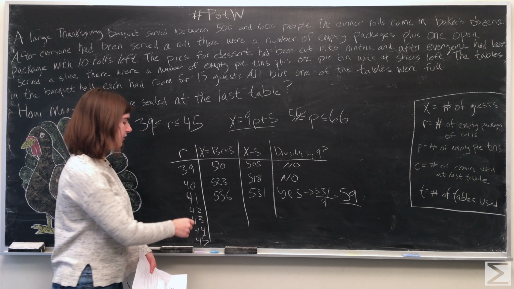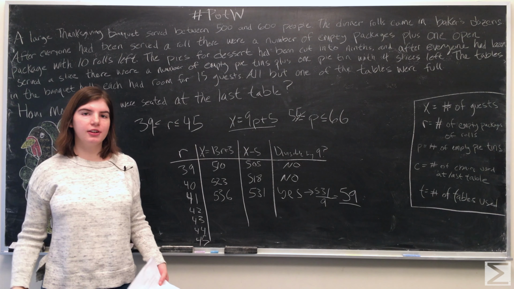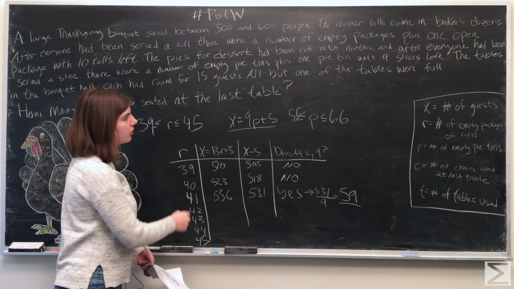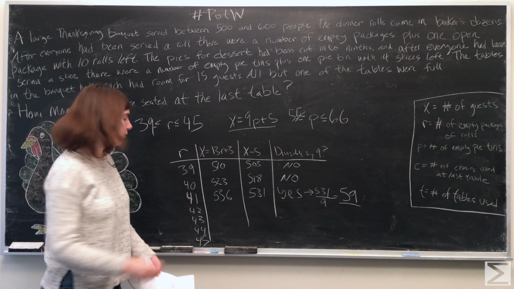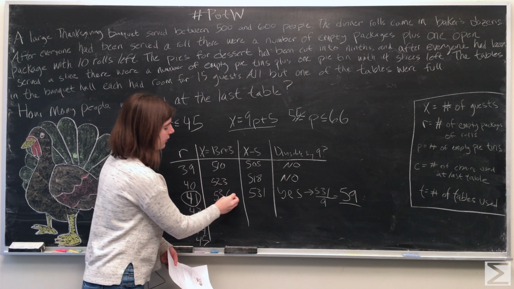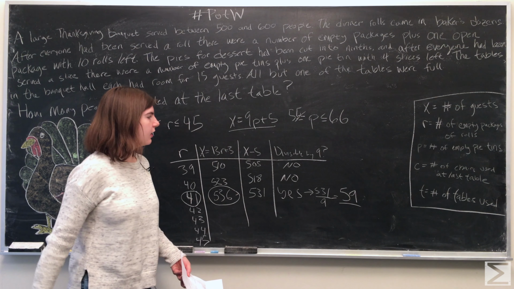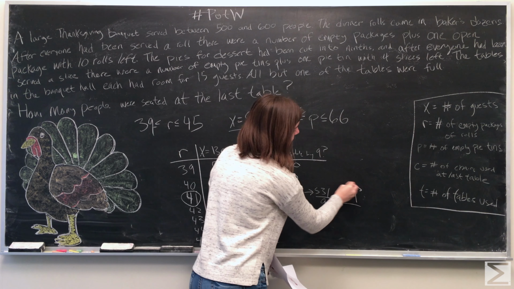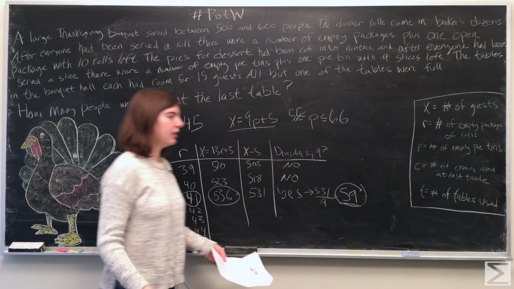So we don't need to test the other ones because we found our answer. The number of empty packages of rolls is 41, the number of guests, which is x, is 536, and the number of empty pie tins is 59.